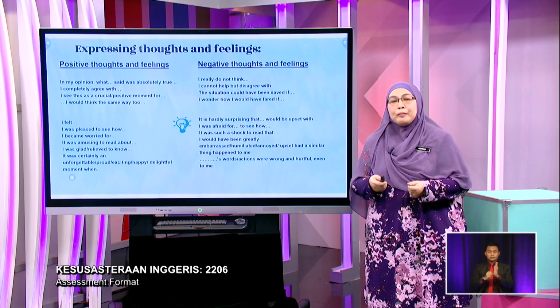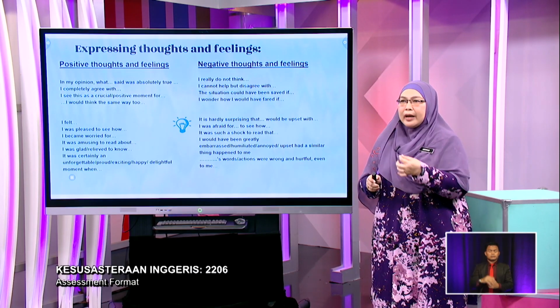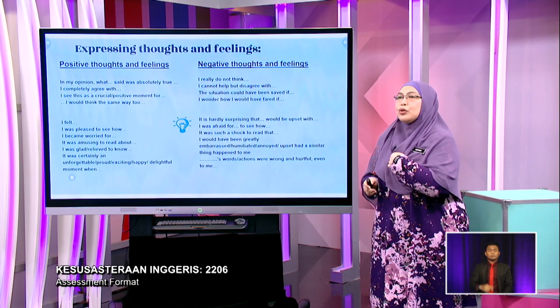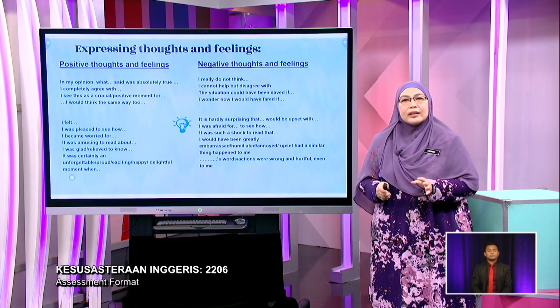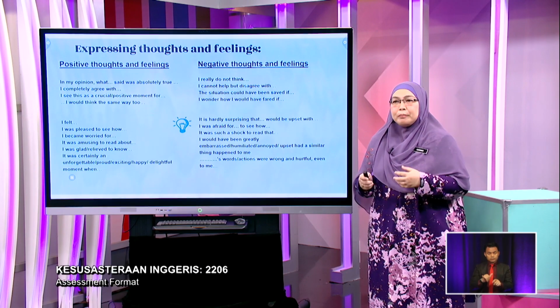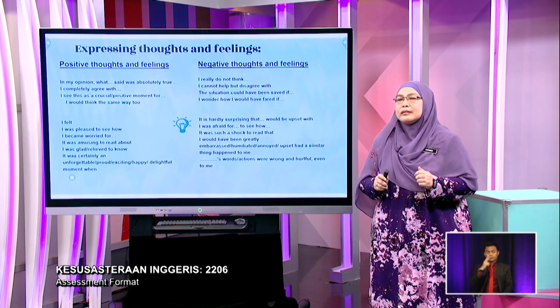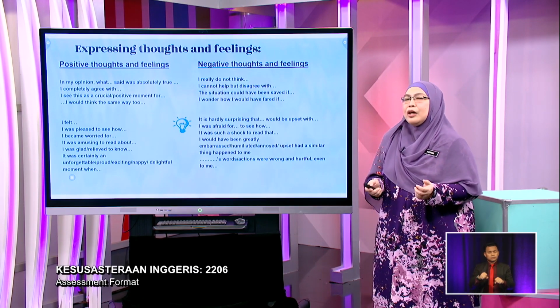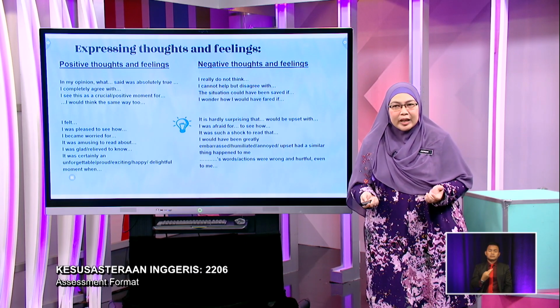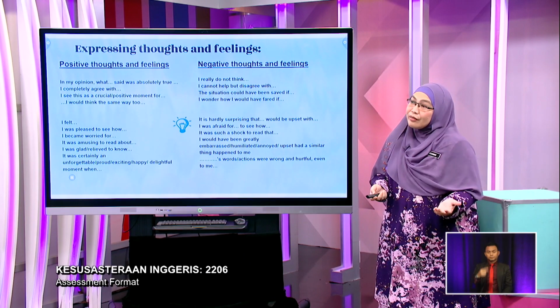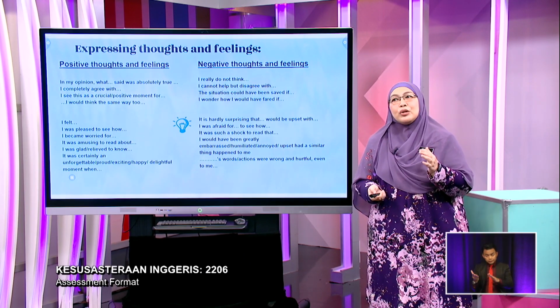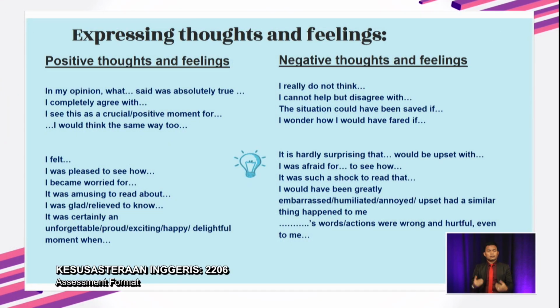That will help you to identify your emotions towards the text, towards the task. So as you can see on the slide, you could feel pleased, you could feel sympathy, you could feel sorry for the character. On the other hand, if it was a negative event, if it was something you disagreed with, show very clearly in your response.